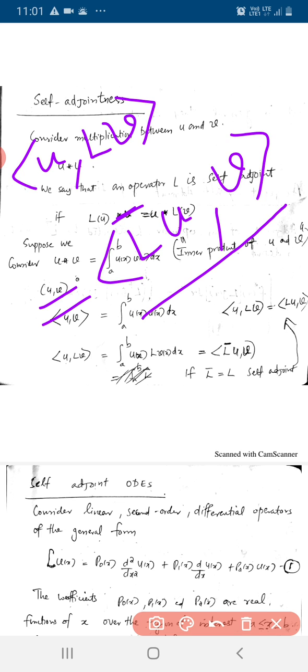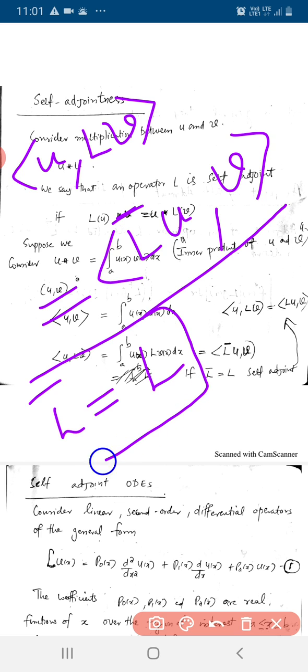So these two are equal, and if this L bar, the L adjoint, the adjoint of the operator L, is equal to L, then we say it is self-adjoint.